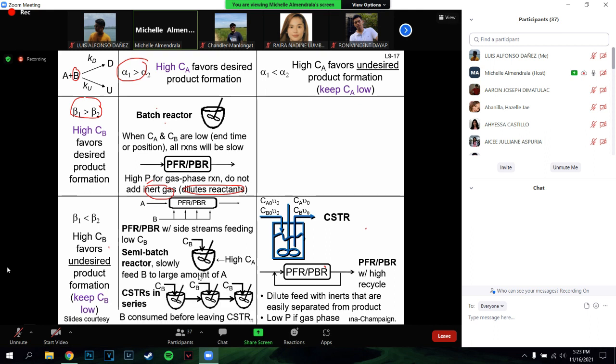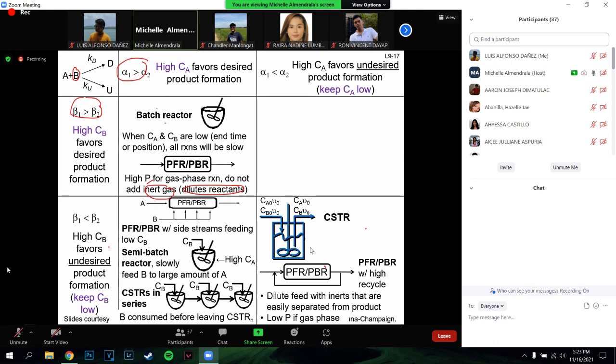For this case, low pressure if gas phase. In the case of PFR, we have to use low pressure if the system is gas phase. If liquid phase, no problem. Pressure is always maintained at 1 atmosphere, room atmospheric pressure.